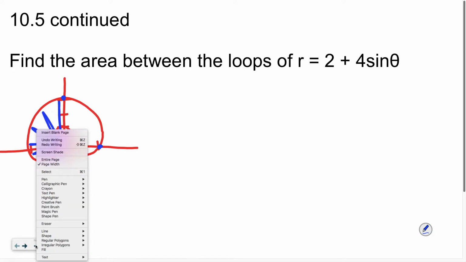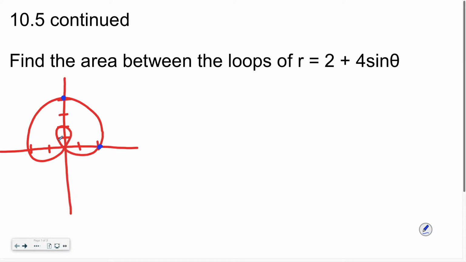Okay. Let's first of all think about where this loop starts and stops. At your tables, work to find the zeros of this curve so we know where that loop starts and stops. 1, 2, 3, go. Pi over 6, 11 pi over 6.